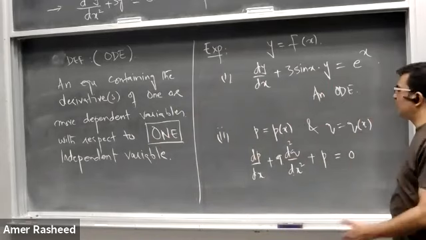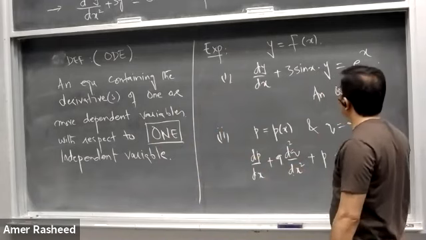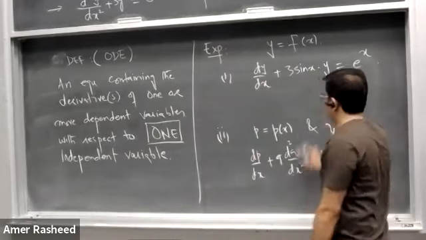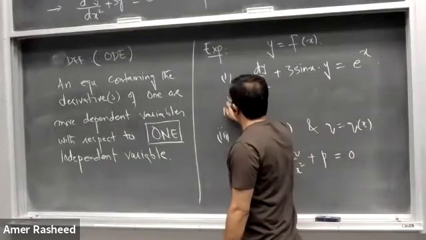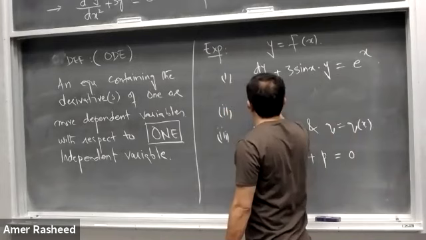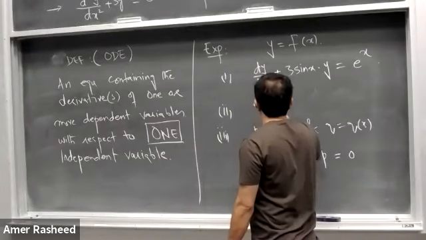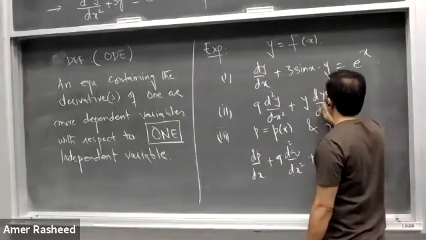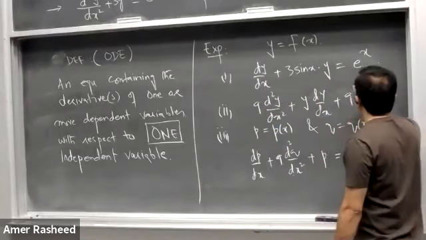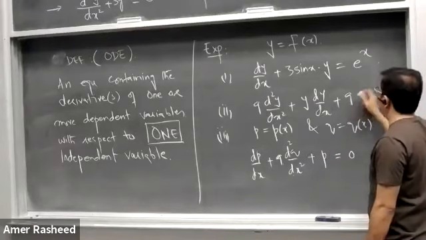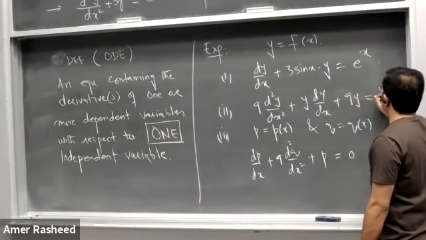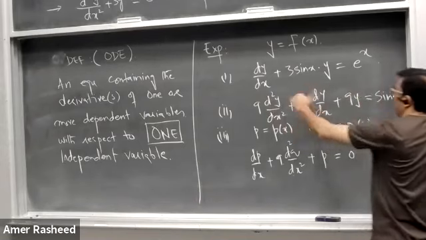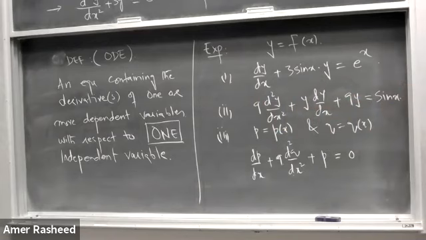There could be several other examples. For example, let me write here something. Maybe 9 d squared y by dx squared plus y times dy by dx plus 9y is equal to sine x. So this differential equation involves only one dependent variable and one independent variable.